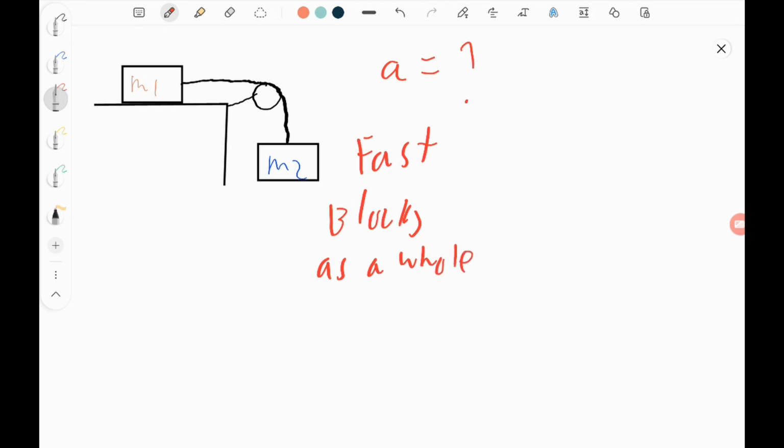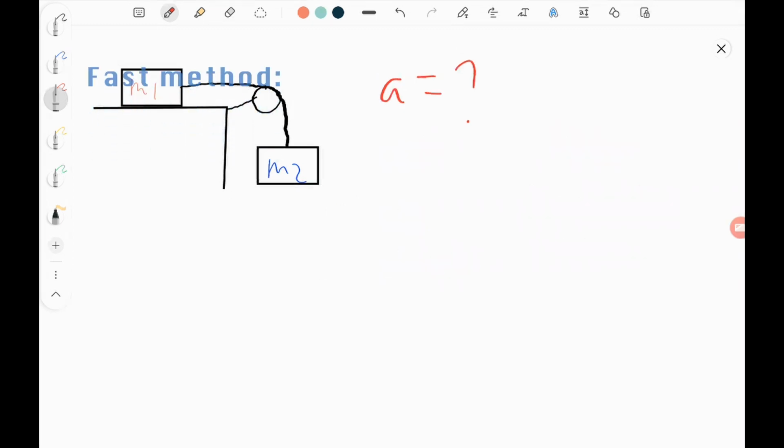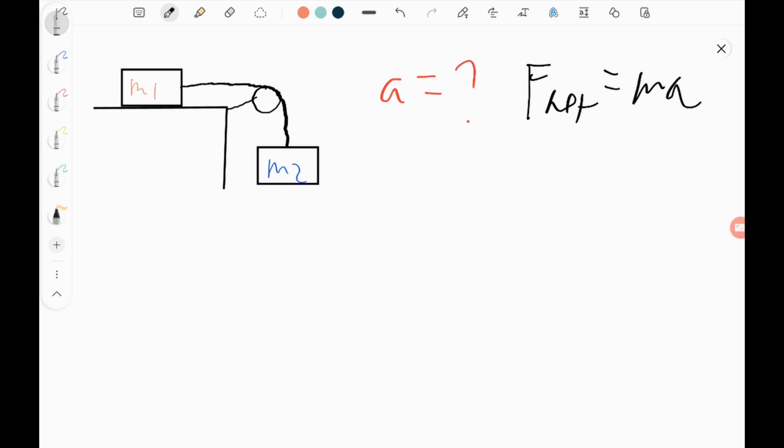Now, the better way to approach these problems, though, is through the slow way, which is where we're going to look at individual forces on each of the blocks. So how do we solve this problem using the fast method? How can we memorize the acceleration of this simple system? The net force on the system, or F net, is equal to ma by Newton's second law.